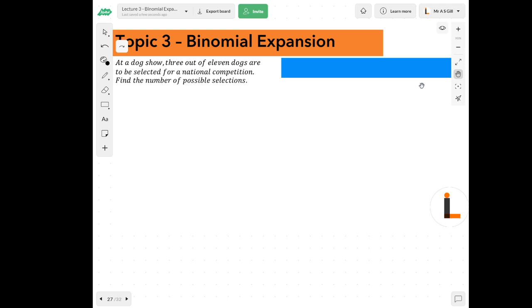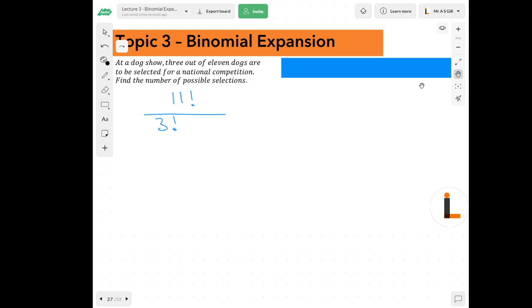We're picking out of a total of 11. So our numerator is going to be 11 factorial. Of those 11, we only want 3.